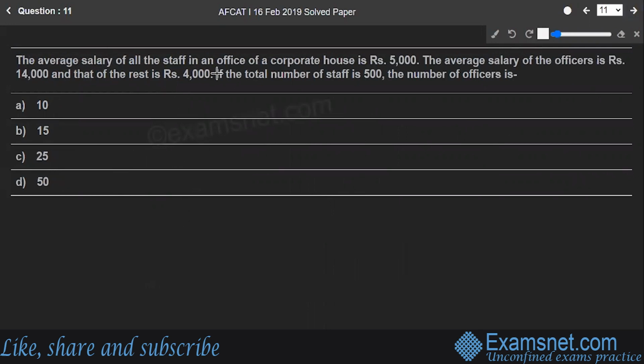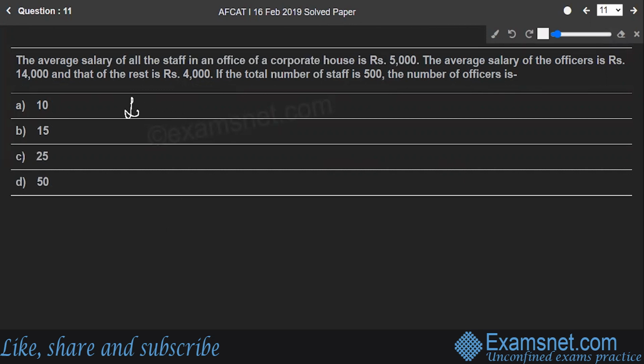It says the average salary of all the staff in an office of a corporate house is 5,000. The average salary of the officers is 14,000 and that of the rest is 4,000. The total staff is 500, then the number of officers is. All right. First of all, we need to know the number of officers.